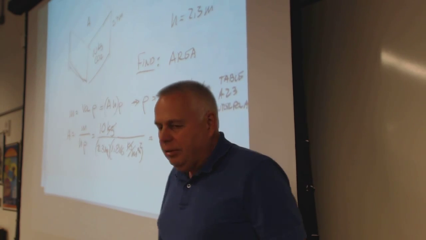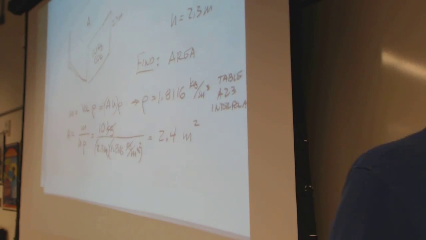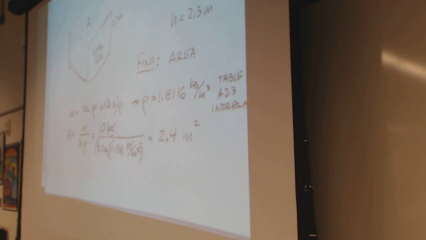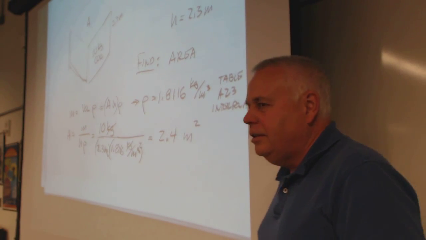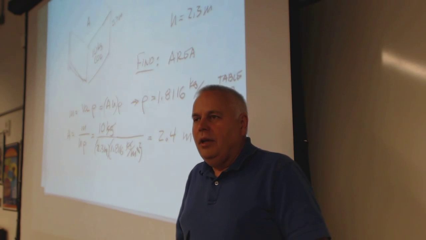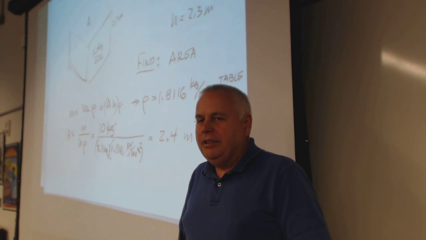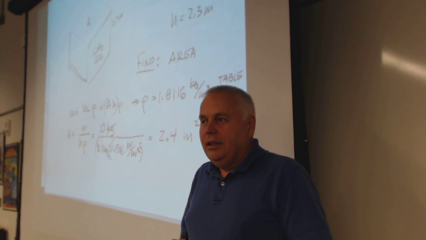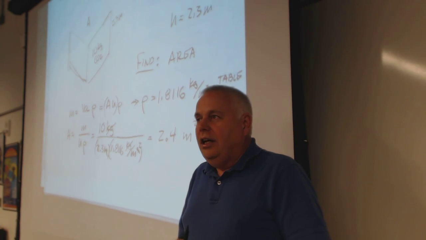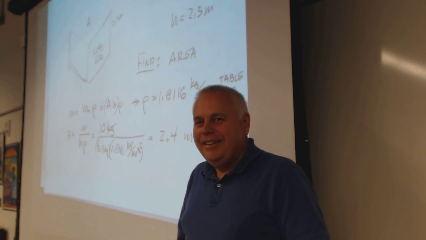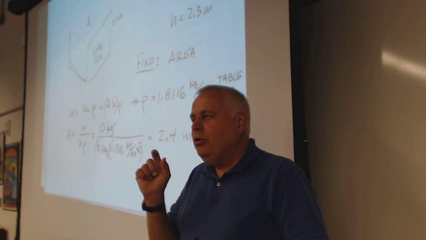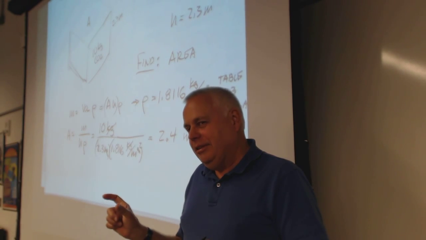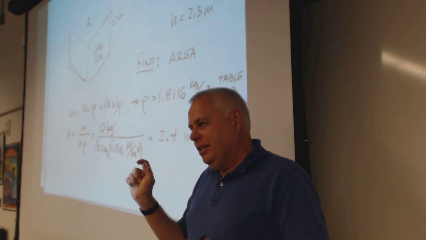So 2.4 square meters. Are you going to be on the test when we do scientific notation, things like that? Are you going to be on it about the rules, like a 0 between 2 numbers doesn't count? Like you're going to do all those? So, question on when we come to tests, I'm going to be on about significant digits. Yeah. I'm most concerned about concepts, but some of the details matter.